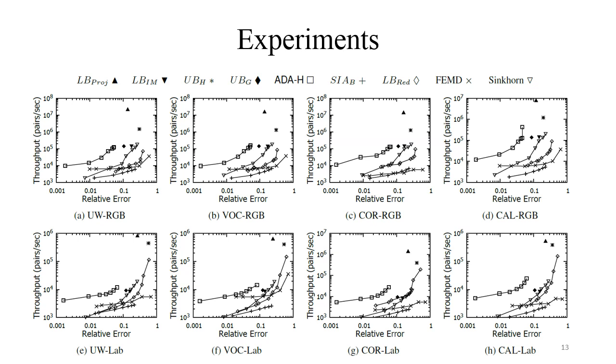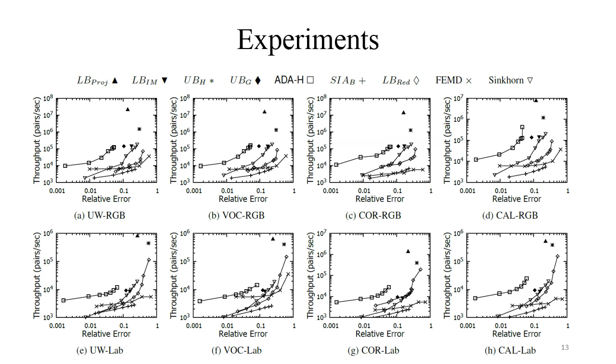LBproject, LBIM, UBH, UBG, SIAB, and LBRED are the bound functions from the database community. We directly utilize them as the approximation methods. FEMD and Synchron are the approximation methods from computer vision and machine learning communities.